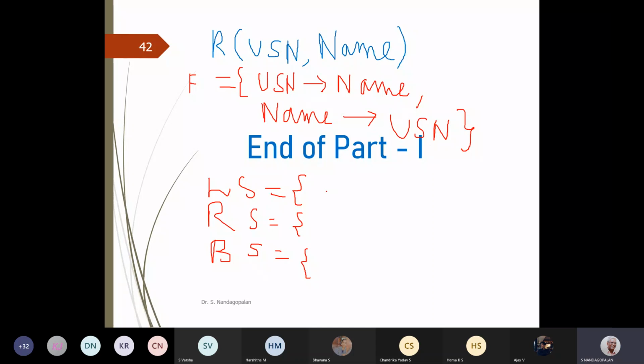Tell me this group, which are the attributes? Quickly. Sir, null. Null, good. Next. And even RS is null. Good. And both are USN and names. Right.